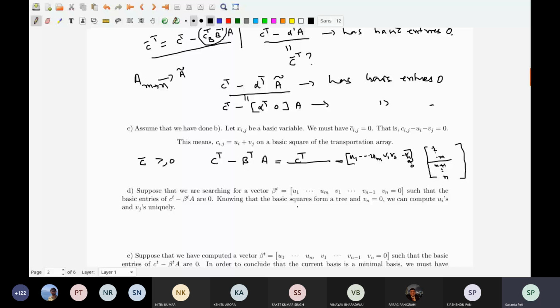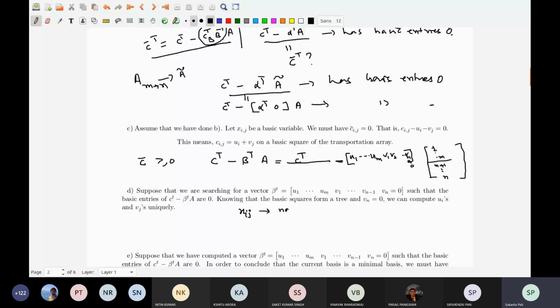Suppose xij is a non-basic variable. So how will you compute this?